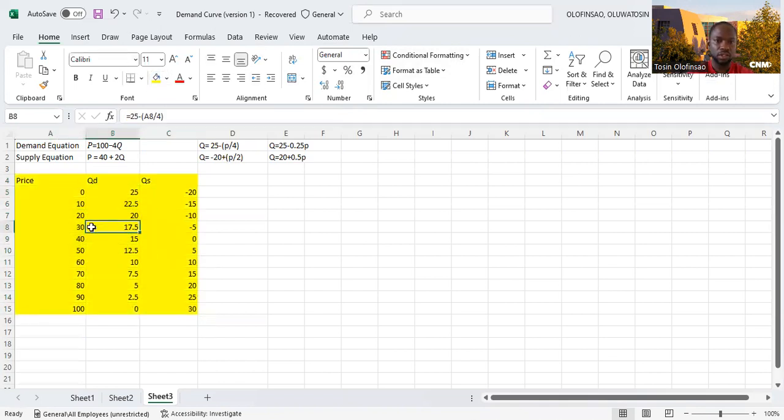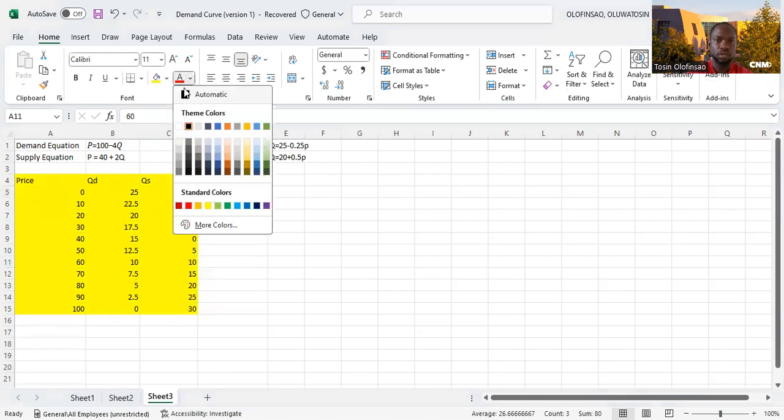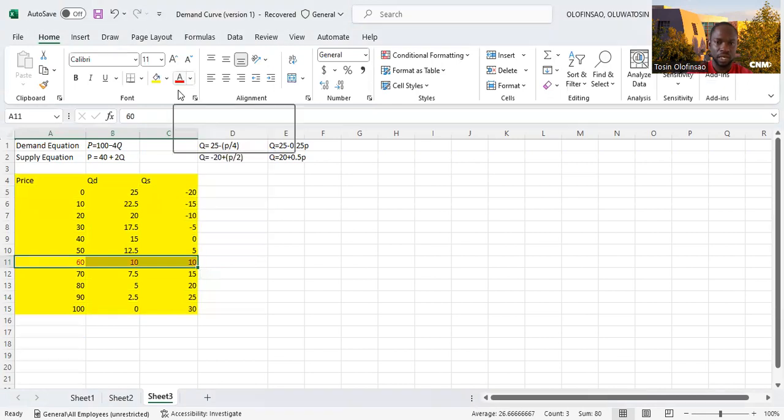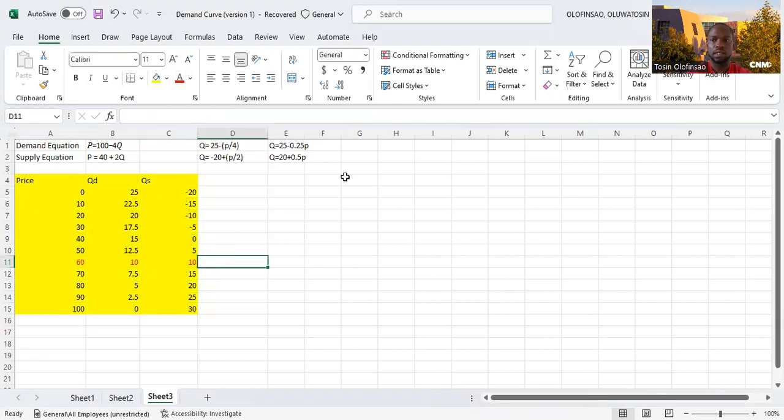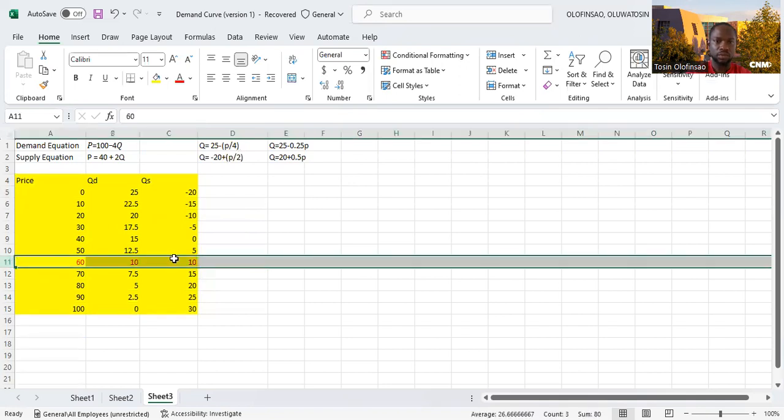Right, so let's look at it then. You can see, if you look at here, the price is 60, the quantity supplied is 10, quantity demanded is 10. So that's the equilibrium position, right? You can have it that way so that you can see a little bit clearly. So we have the equilibrium price and the equilibrium quantity.